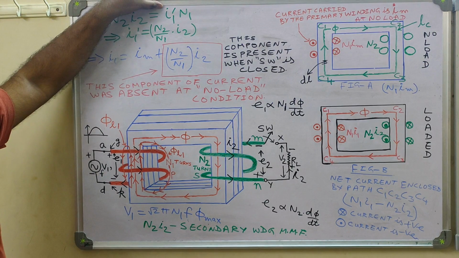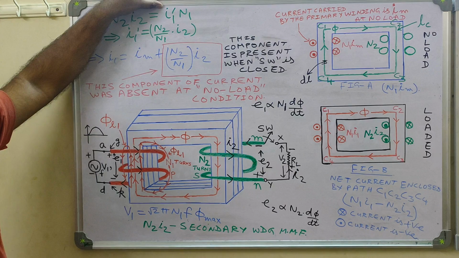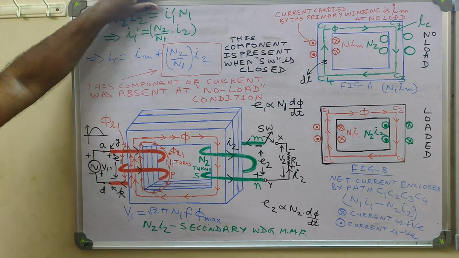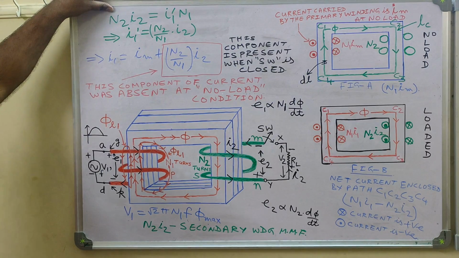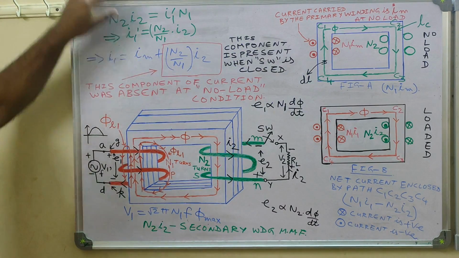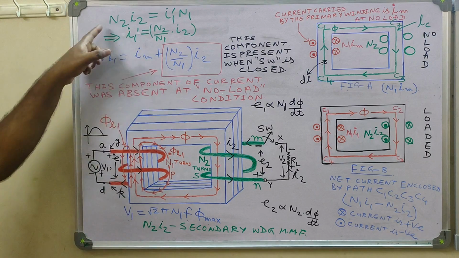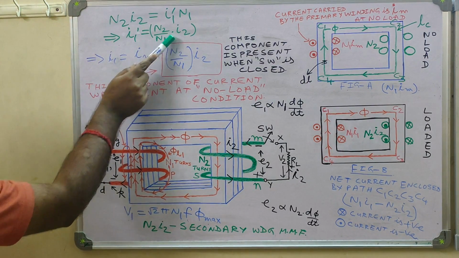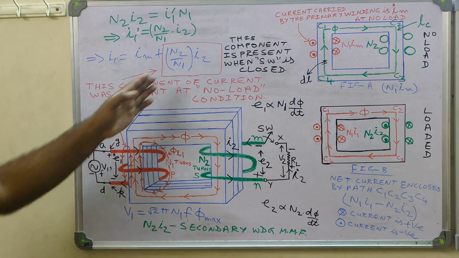So I1 dash into N1 should equal N2 I2. From there you can find I1 dash to be N2 by N1 into I2, which is the same as this one.